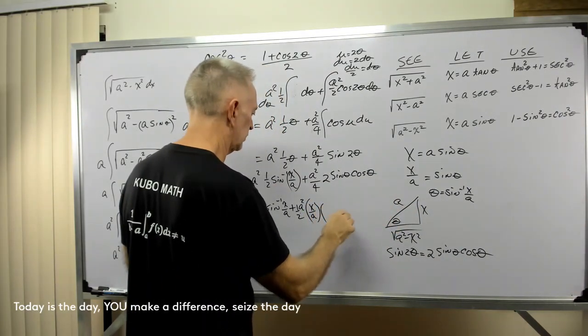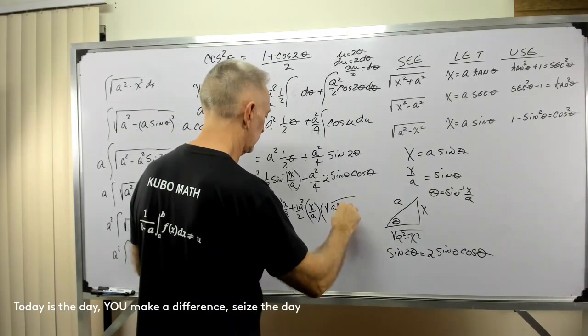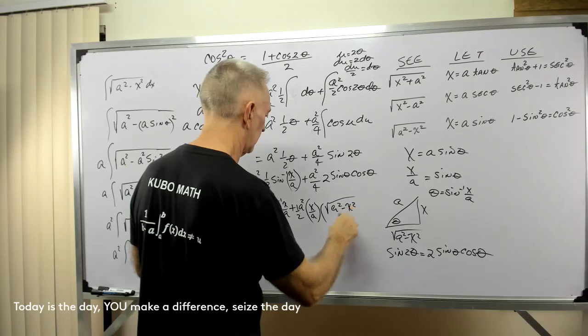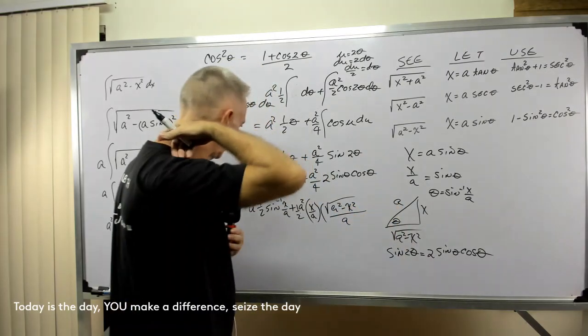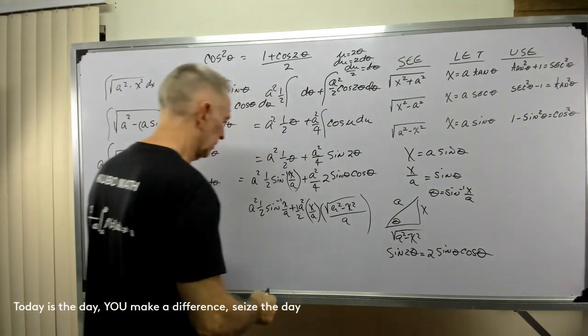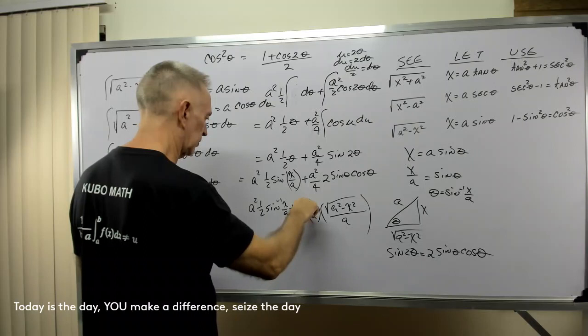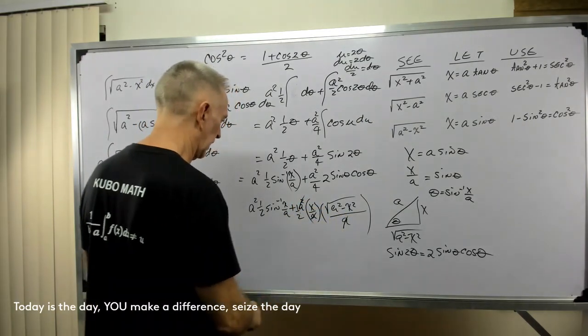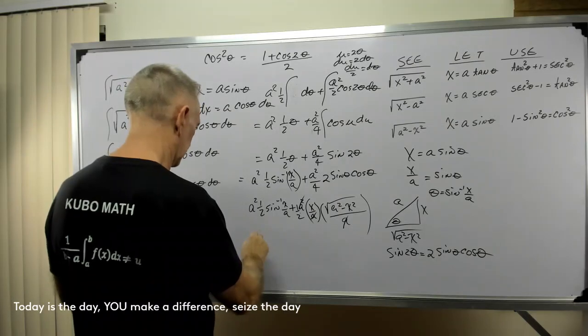And then cosine is the square root of a squared minus x squared over a, so it's adjacent over hypotenuse. Now I've got a times a is a squared. That will cancel that one. So those cancel.